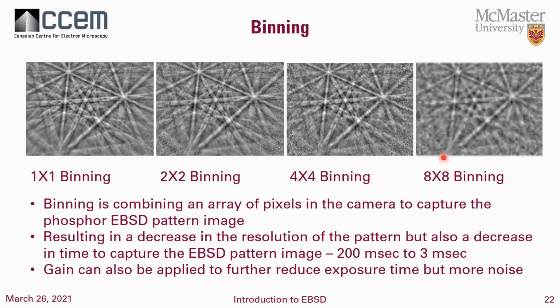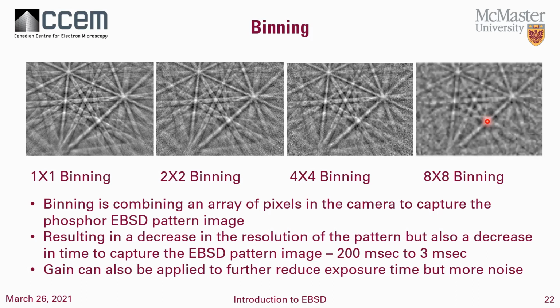Another thing that can be done is binning. So you can actually combine the array of pixels in the camera to capture a lower resolution image much faster. You can go from 1x1 binning, where 1 pixel in the camera is 1 pixel in the image, to where you have an 8x8 array of pixels in the camera.